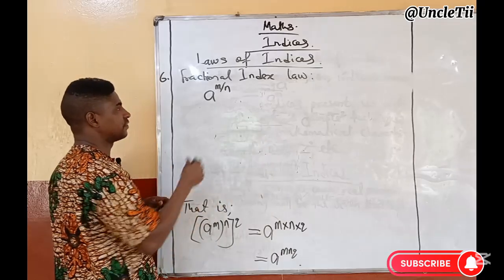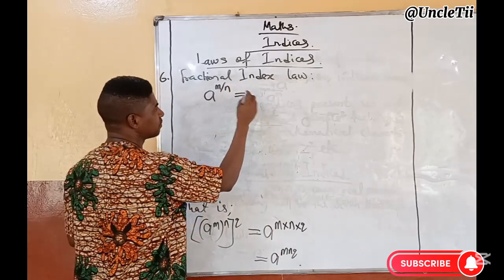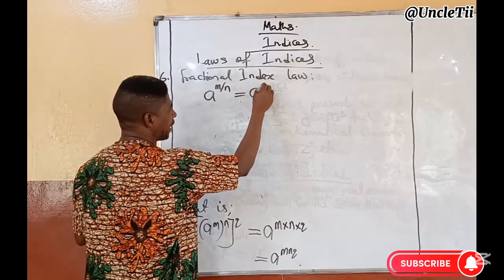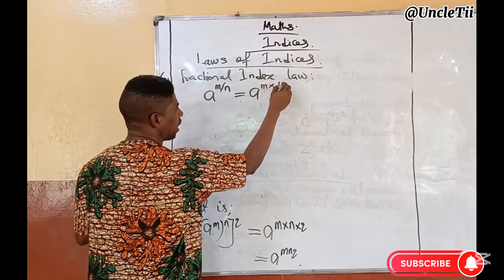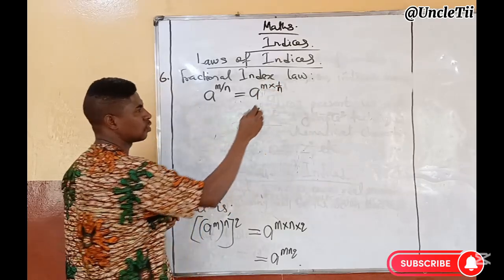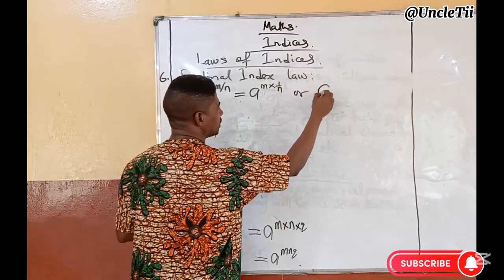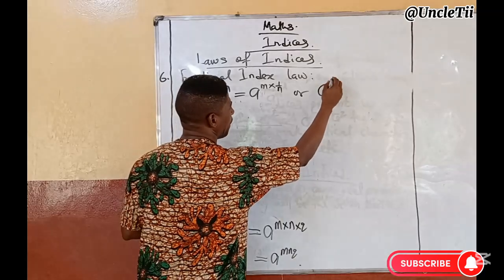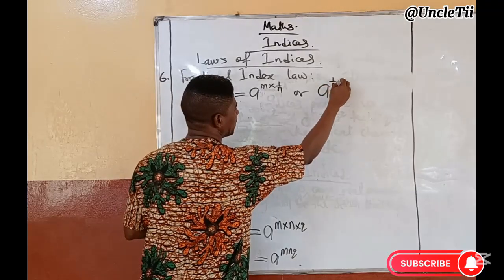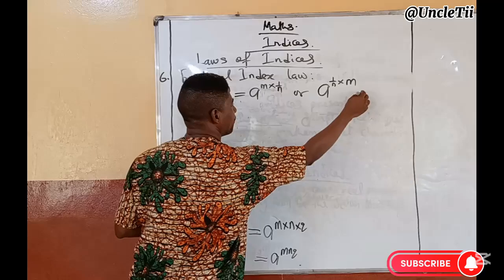Now don't forget, in the first one, this becomes a raised to power m times 1 over n, or in the second one, a raised to power 1 over n times m.